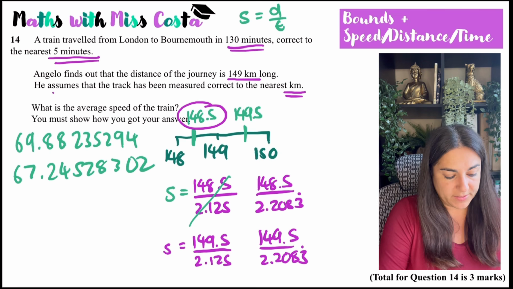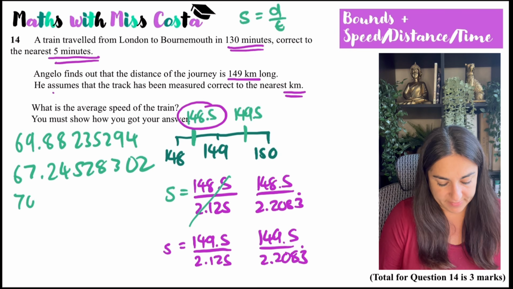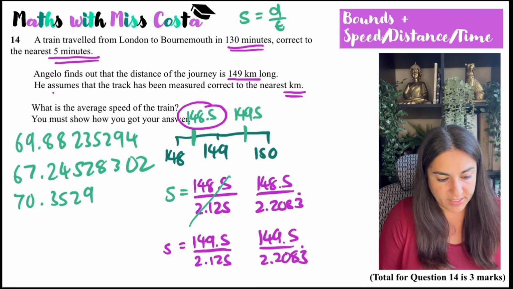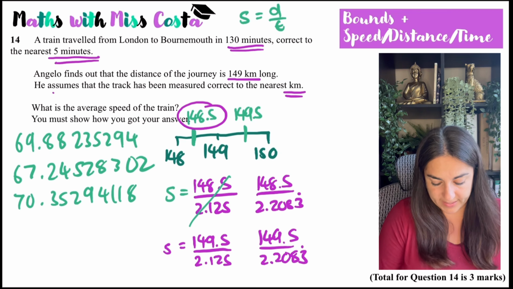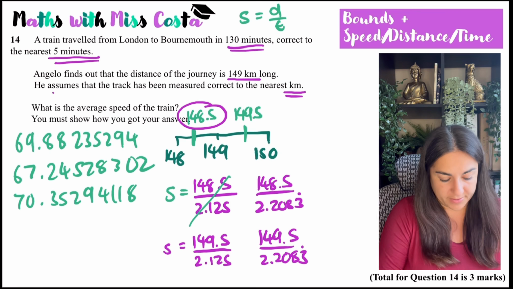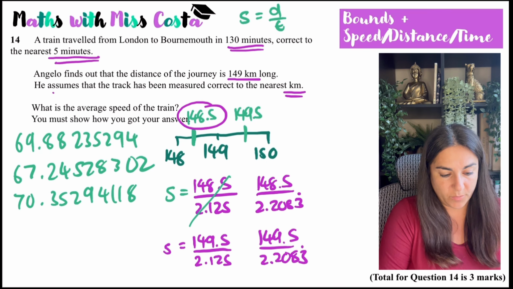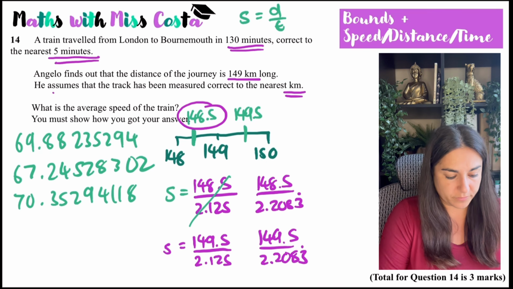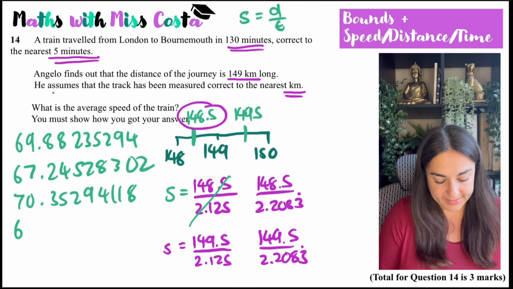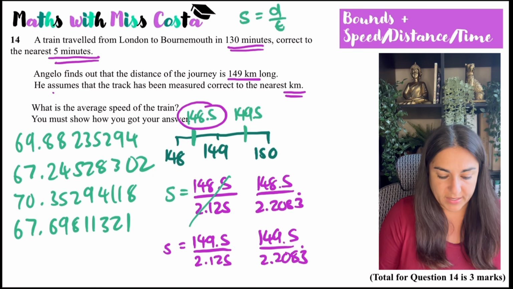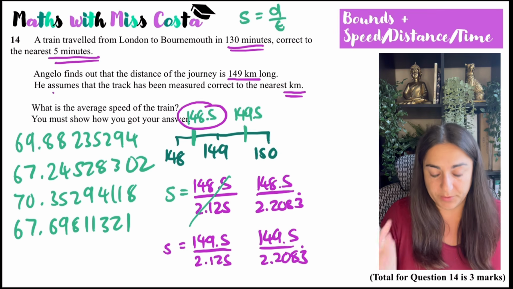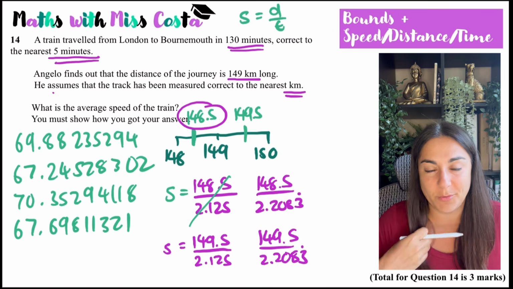Then I do 149.5 divided by 2.125, which is 70.35294118, and 149.5 divided by 2.2083 recurring, which is going to give me 67.698111321.